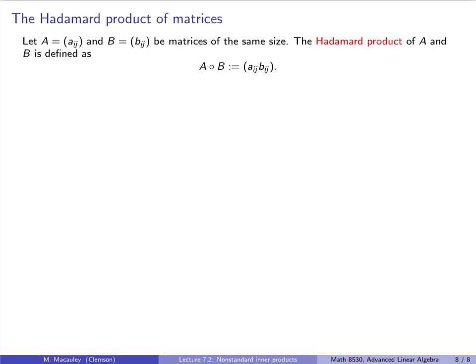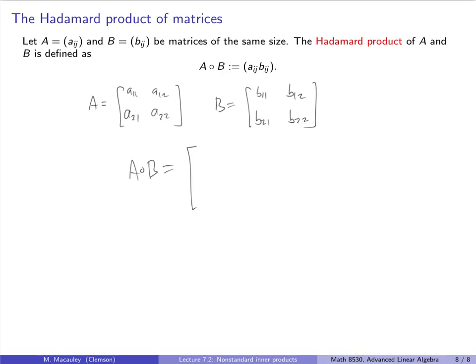So this is about the Hadamard product of matrices. If A and B are the same size, then imagine how someone who has never learned about matrices before is going to try to multiply them, probably entry by entry. So if A is A11, A12, A21, A22, and B is B11, B12, B21, B22, the Hadamard product of A and B is you just multiply the corresponding entries, almost like you're taking a dot product.